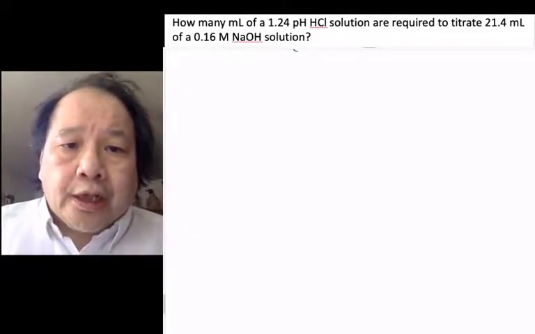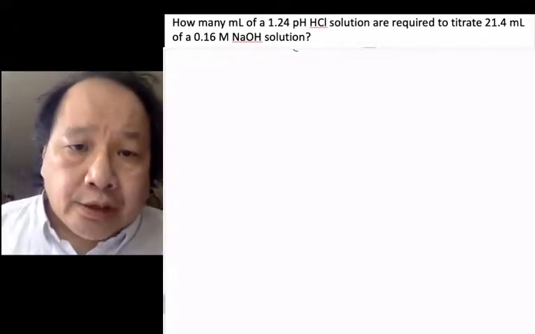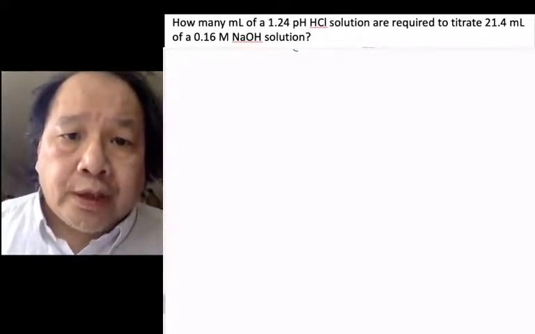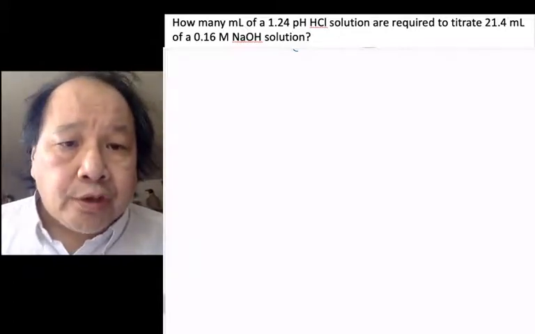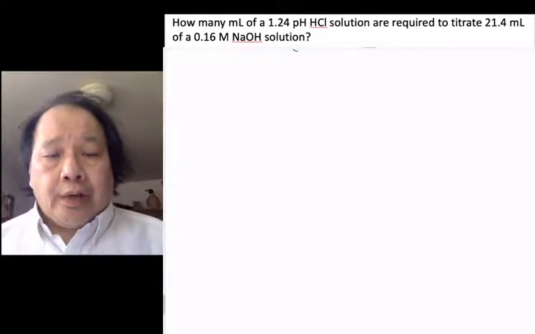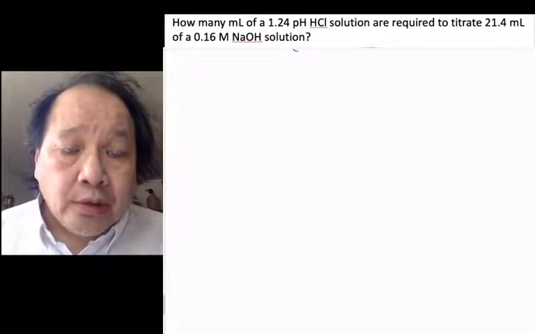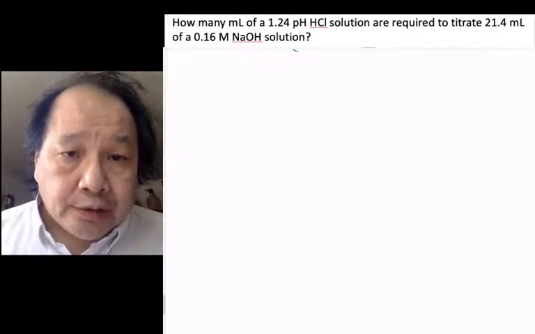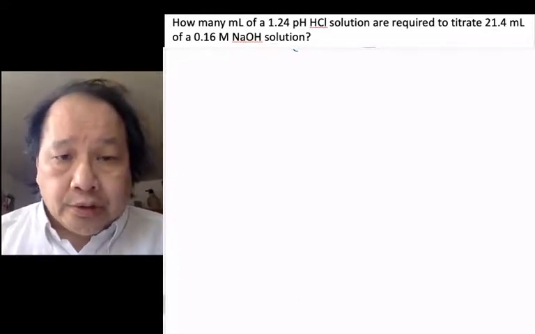The problem we'll look at is how many milliliters of 1.24 pH HCl solution are required to titrate 21.4 mL of 0.16 molar NaOH solution. And as in all 2070 questions on acids and bases, we'll be dealing with strong acids and strong bases. HCl is a strong acid, and NaOH is a strong base.